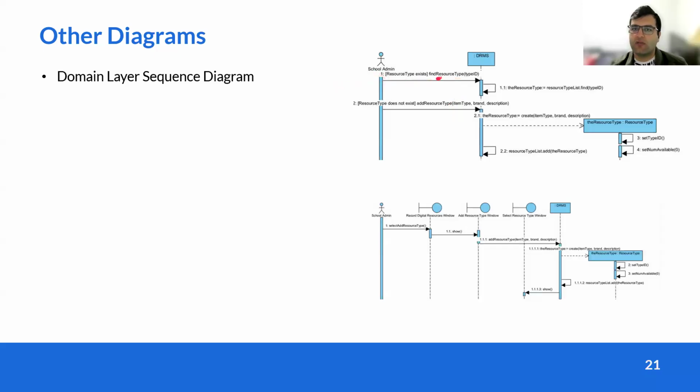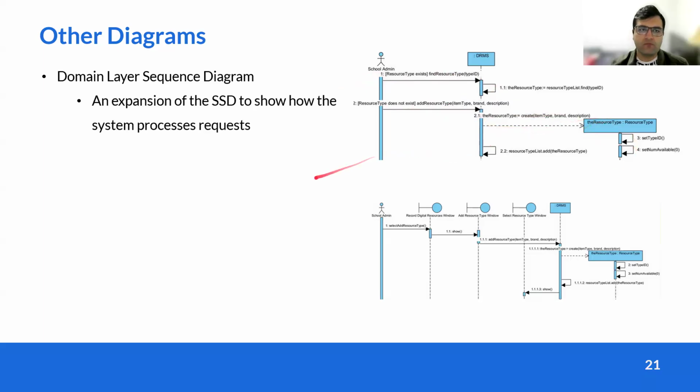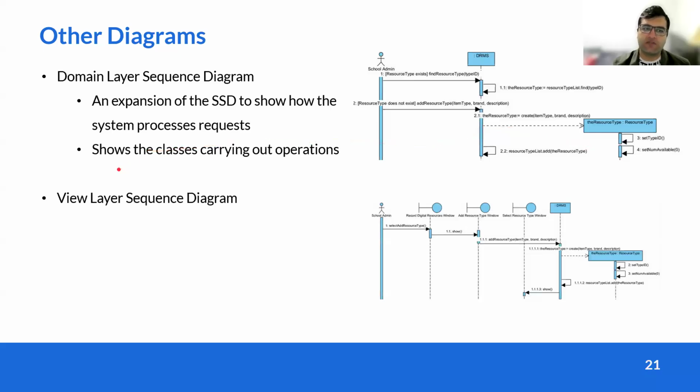When the user uses the find resource type action, what does the system do? When add resource type is carried out, what does the system do? So it's an expansion of the system sequence diagram to show how the system processes requests. Internal communication within the system. It shows how the different classes interact with each other to carry out operations.